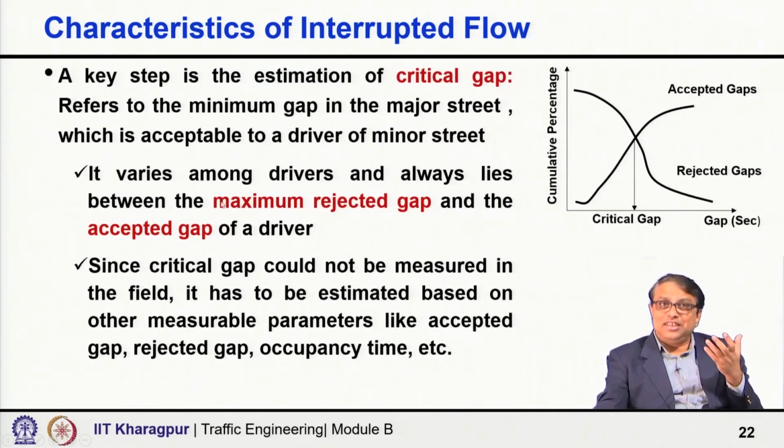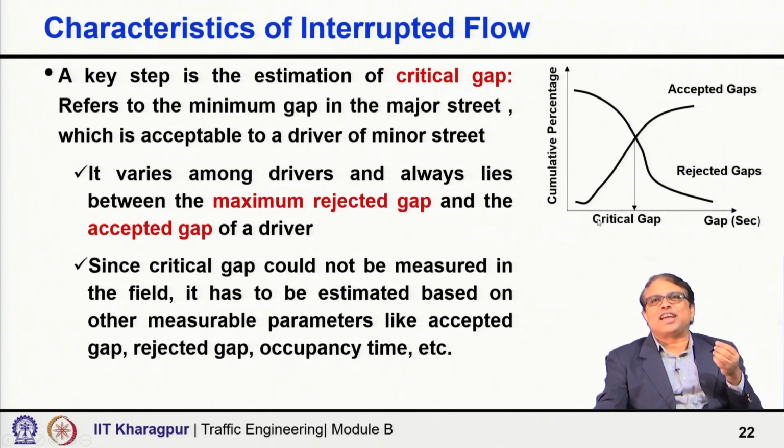So, this is a key aspect for any uncontrolled intersections which are not signalized. Signal means we are regulating, otherwise it depends on the gap acceptance behavior. In this context the concept of critical gap is extremely important. You can see here, you consider a gap, not all vehicles are going to accept the gap, not all vehicles are going to reject the gap.